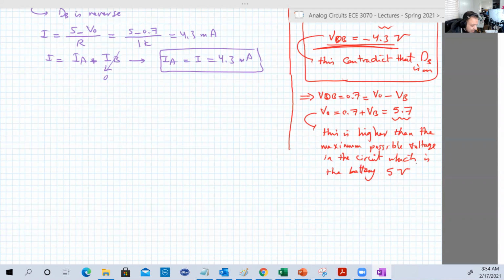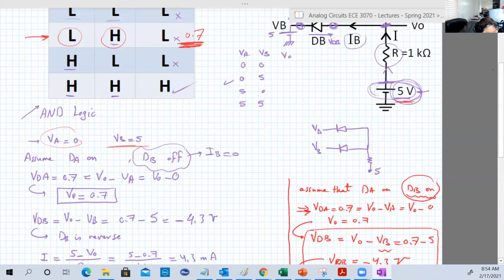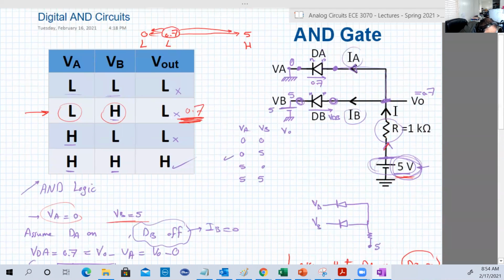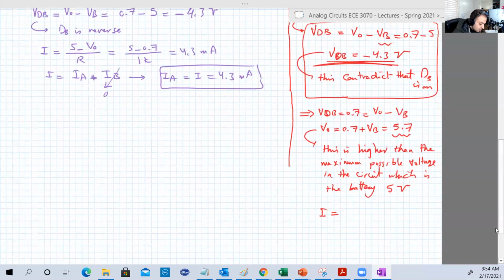What is this discrepancy exactly? Just look at I. I must be flowing from that battery to this point. I mean, this point should have a higher voltage than this point. Okay? So if we consider VO is 5.7, then I will be 5 minus 5.7 over R. It will be minus 0.7 amperes or milliamperes, which is wrong.